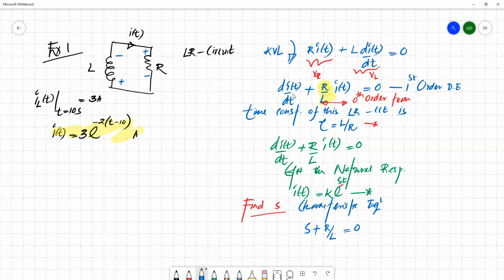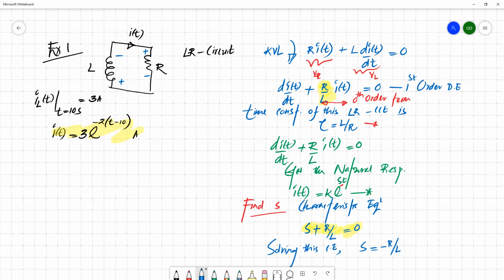So this is the characteristic equation of the above differential equation. Solving this characteristic equation gives the value of s. s equals minus R over L.